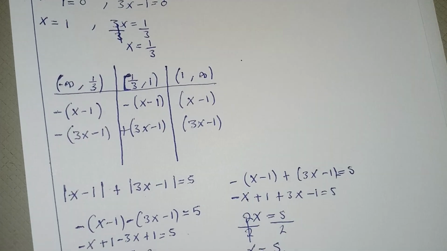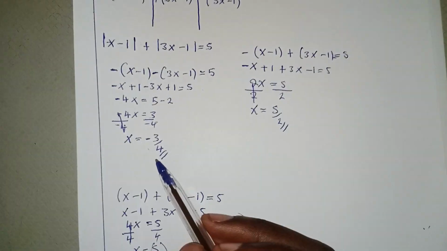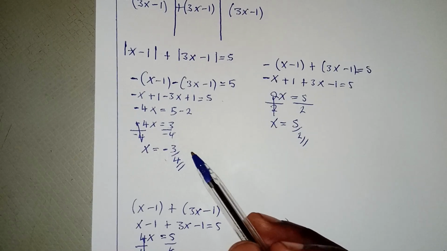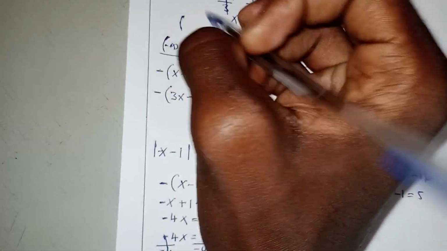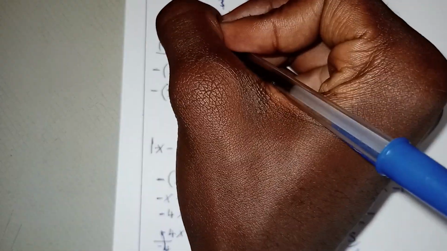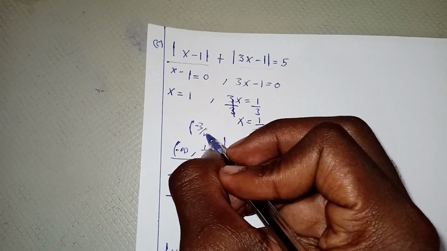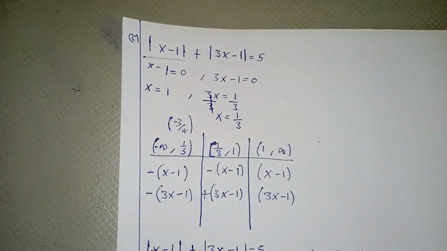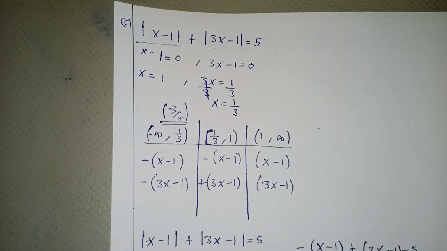All right, so we first of all found this one. We found negative 3 over 4 when we got a value here in this interval. So we can simply say in this interval, we got 3 over 4 after testing.